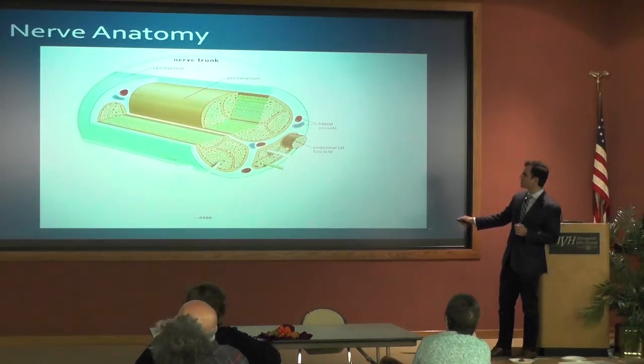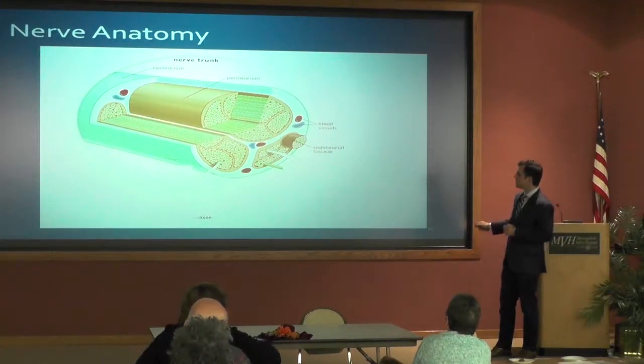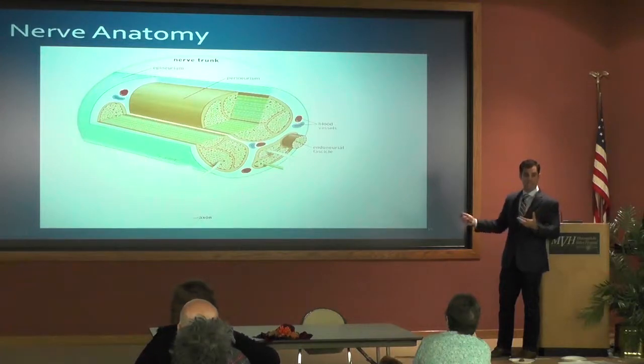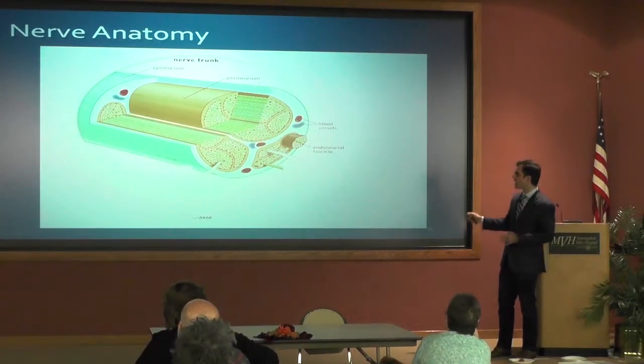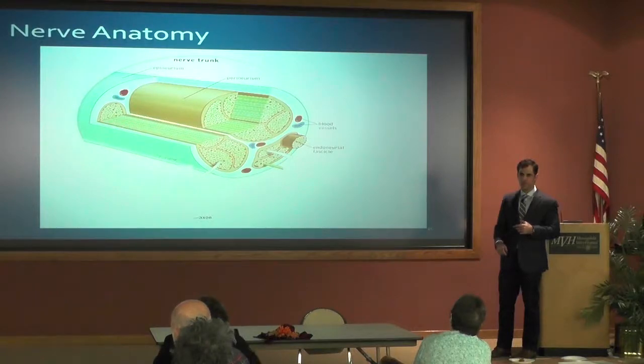You see that? All these yellow circles? That's called axons. That's the base unit of the nerve. The signal, in this case, the sensation of pain in the knee area travels along that nerve and eventually makes it to the central nervous system, which is like the spinal cord and brain. That's when we interpret pain.